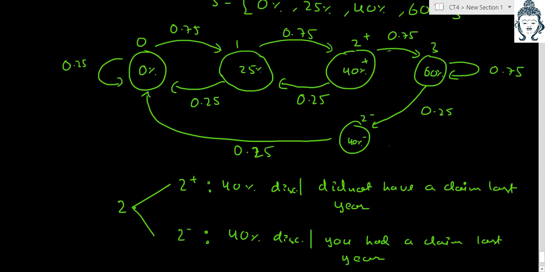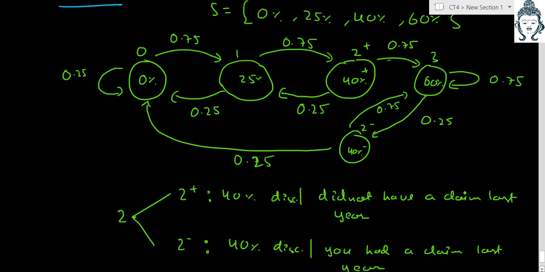And if I do not have a claim, I'll move up to 60%, with a probability of 0.75. So this is what my entire transition diagram now looks like. I modified the state space to allow for one more state in order to make the process Markov.